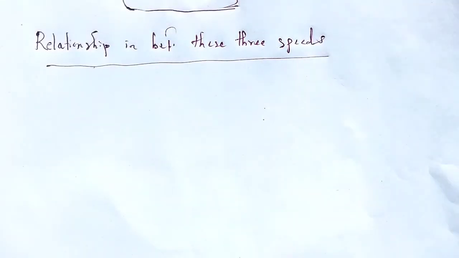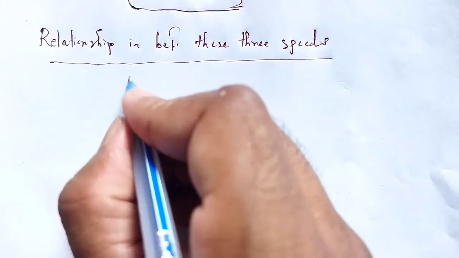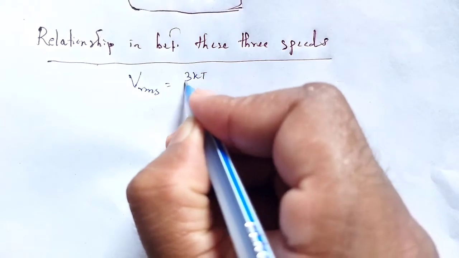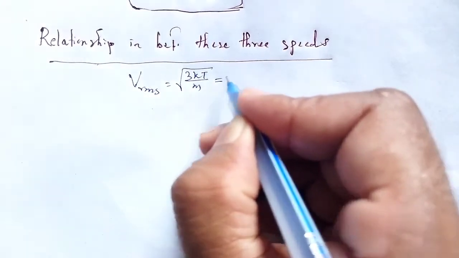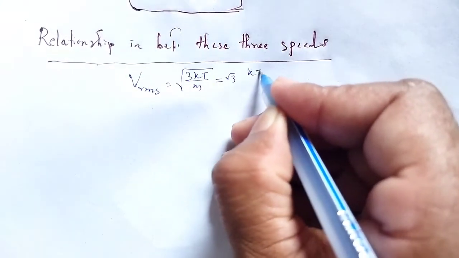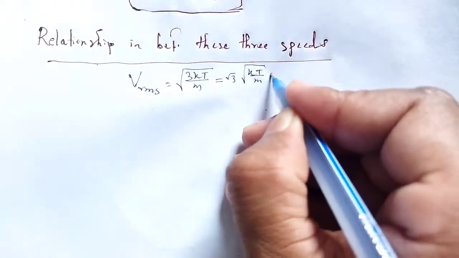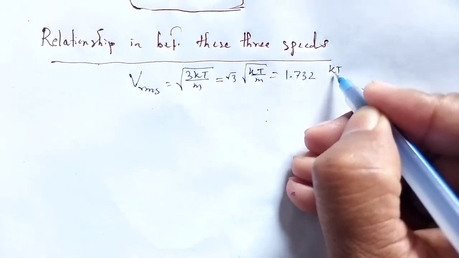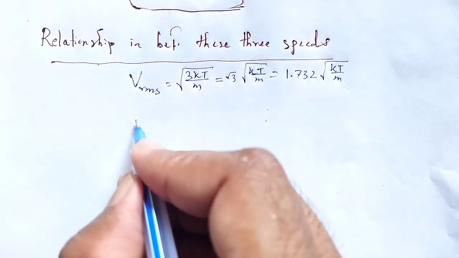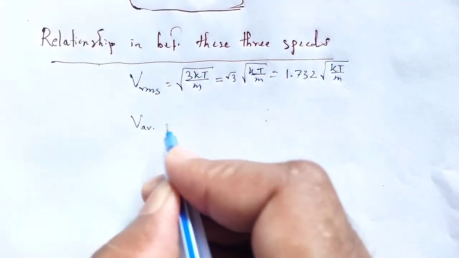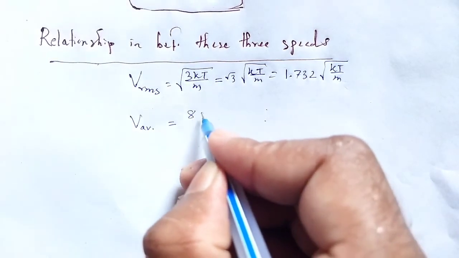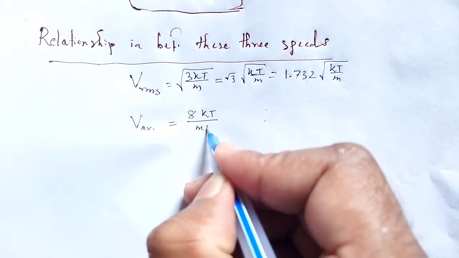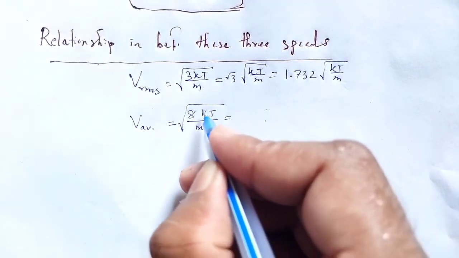We know v RMS is equal to square root of 3 kT by m. The value of root 3 is 1.732, so 1.732 square root of kT by m. Next v average, that is square root of 8 kT by pi m.